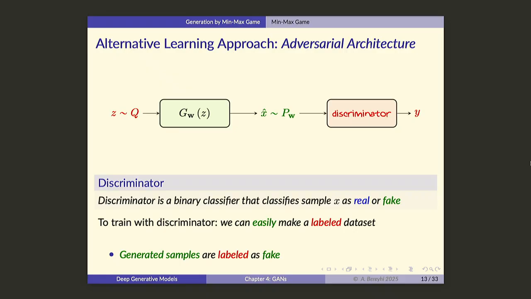The data set, right? So I'm going to feed the data set as well. The data set contains data labeled as real because they are real samples. Then I train my discriminator, this classifier, to distinguish between real and fake images.